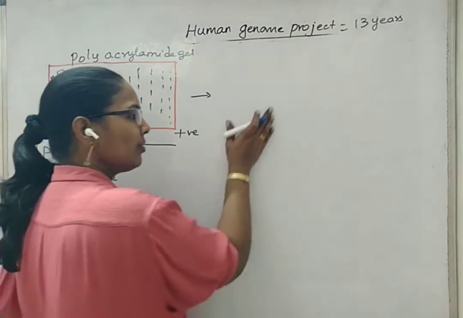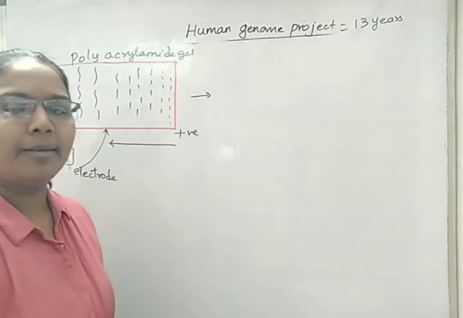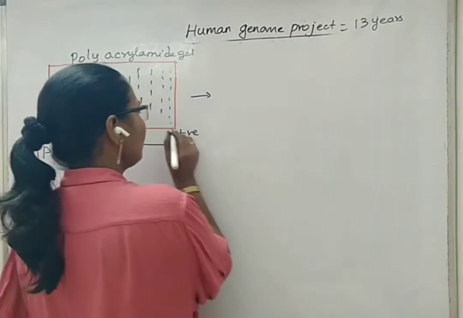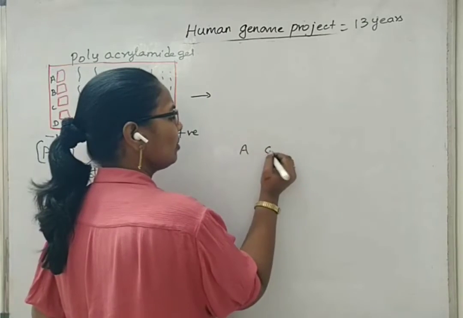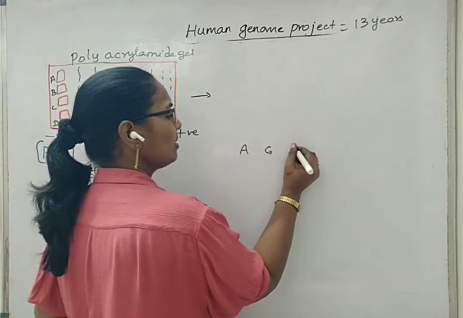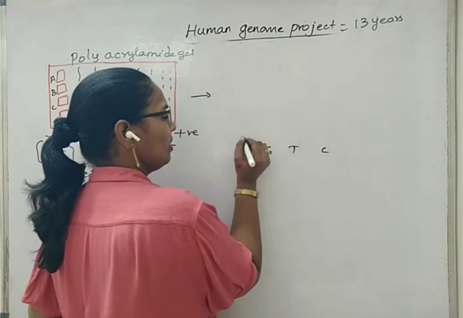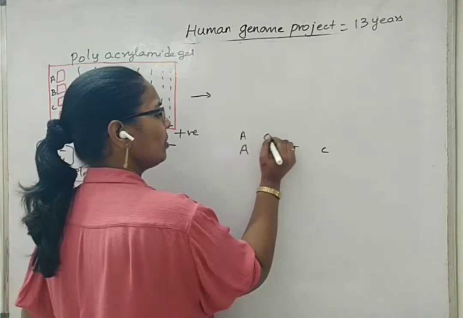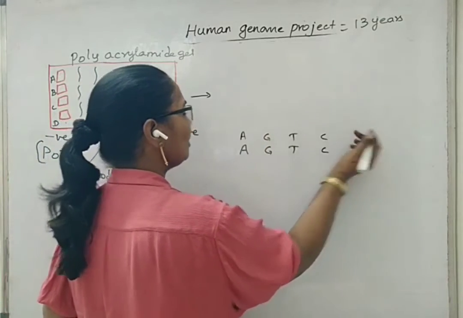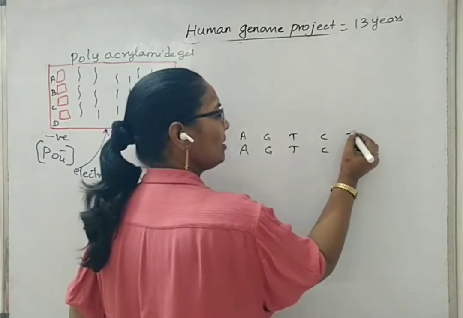Suppose we take a few sequences and see how the total gene sequence of the DNA is studied. Suppose the longest DNA sequence has adenine, guanine, thymine, cytosine. The next one near to this has adenine, guanine, thymine, cytosine, because these are not that much shorter than the first one, so it has another base.